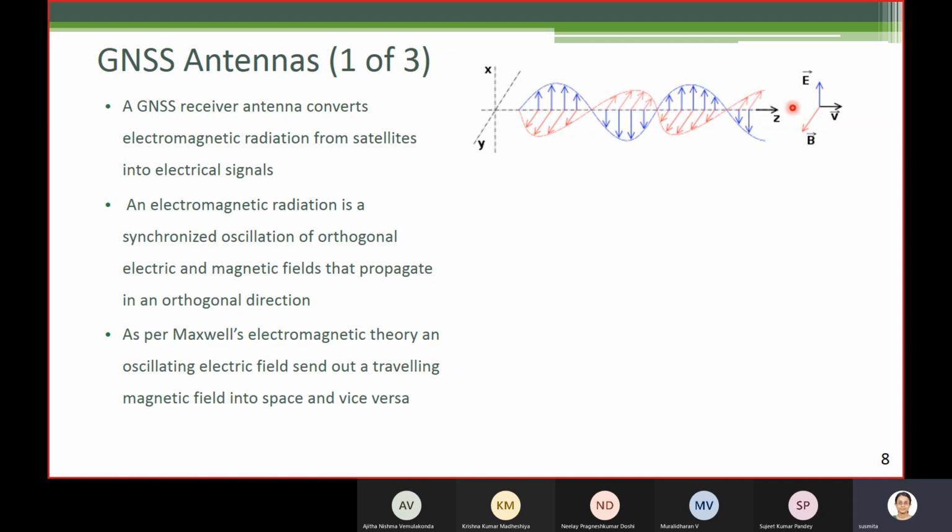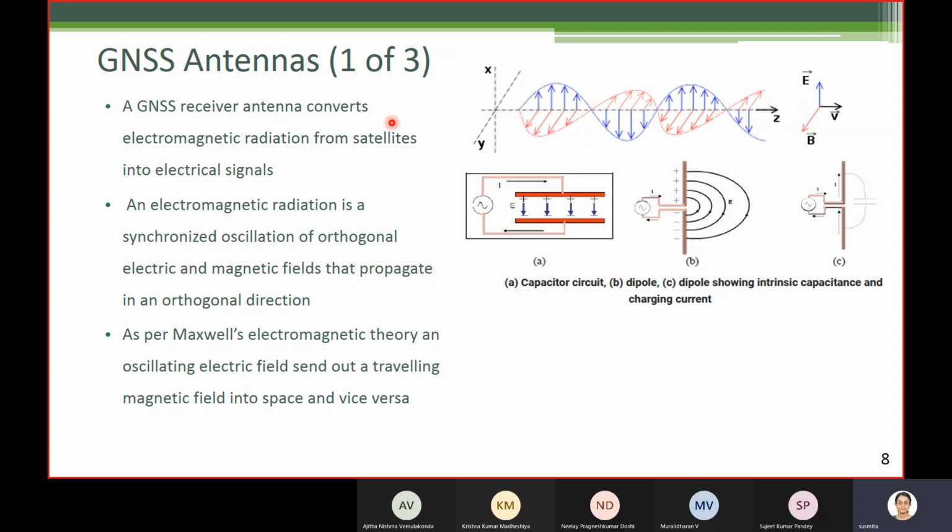Now the question is how an antenna can convert electromagnetic radiation into electrical signal and vice versa, convert electrical signals into electromagnetic radiation. So let's understand this without going into much detail, in the context of a transmitting antenna.